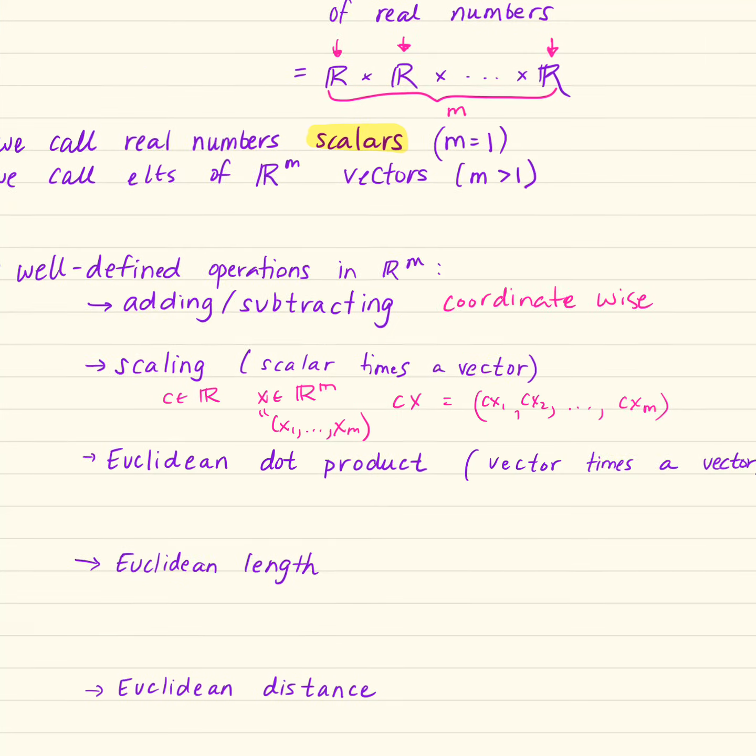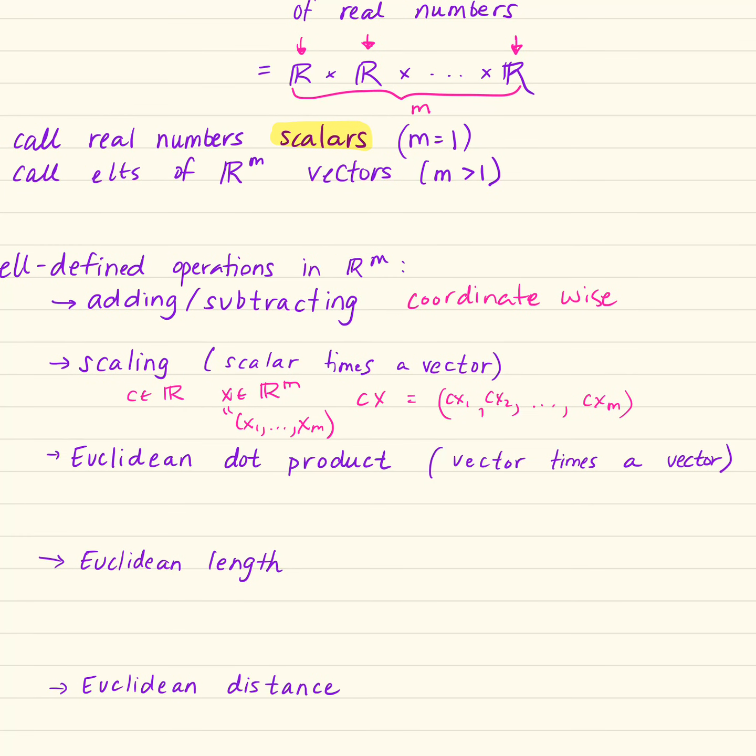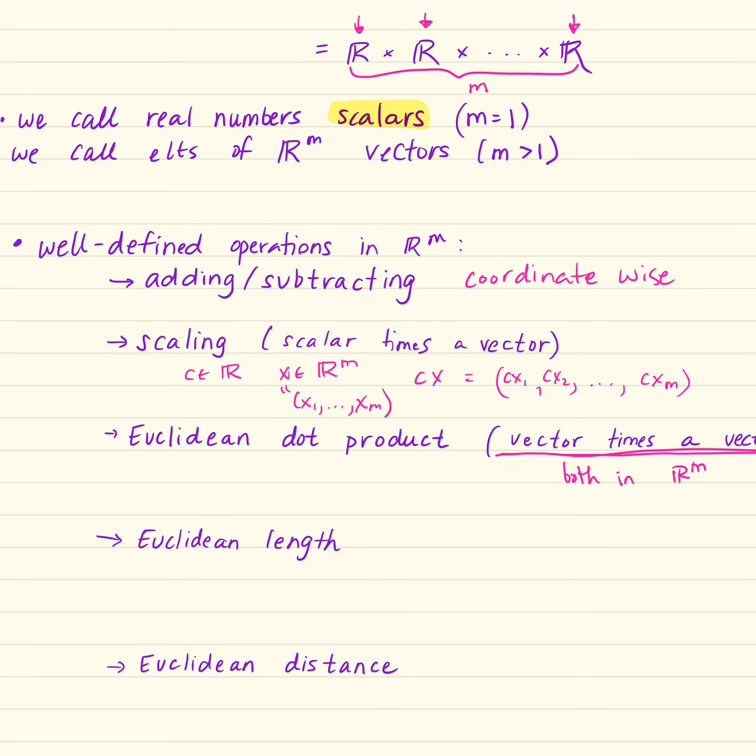Now, we have a way to multiply a vector by another vector. The key here is that these vectors have to both be within the same Euclidean space, so both in Rm. And it is the Euclidean dot product.